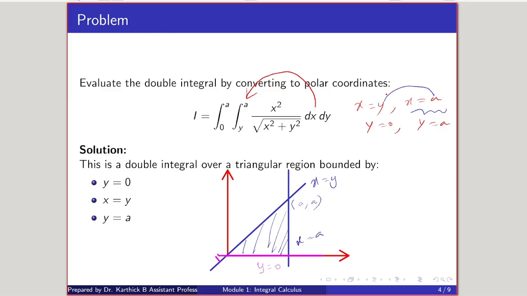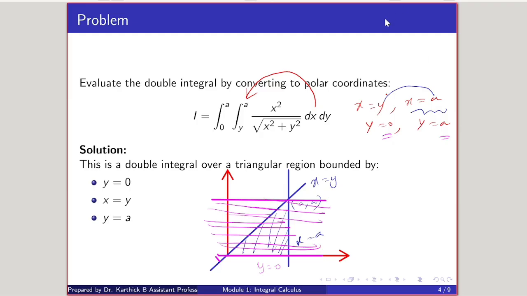So clearly it is known that a comma a. So this graph will be like this. So now you just see here, y varies from 0 to a. So here it is 0. So the region will be like this, 0 to a.